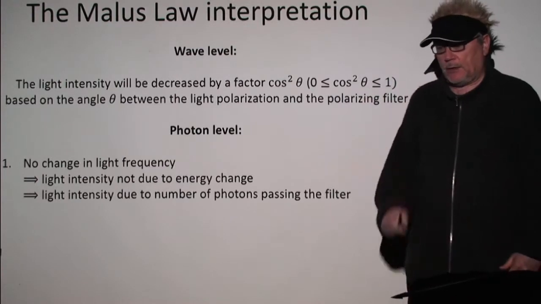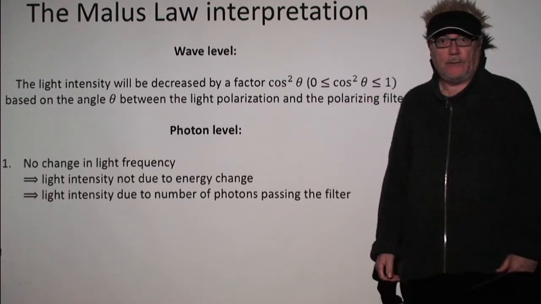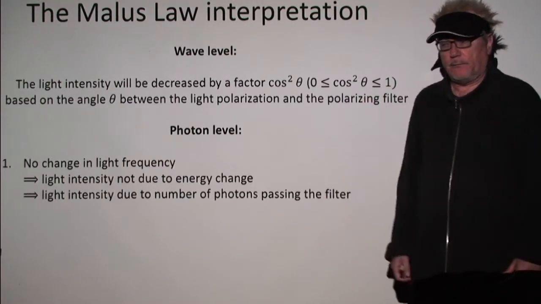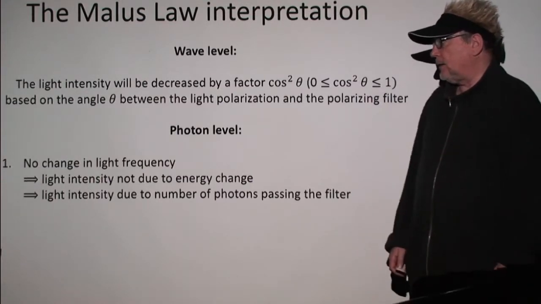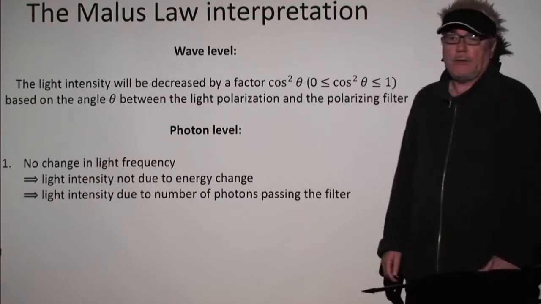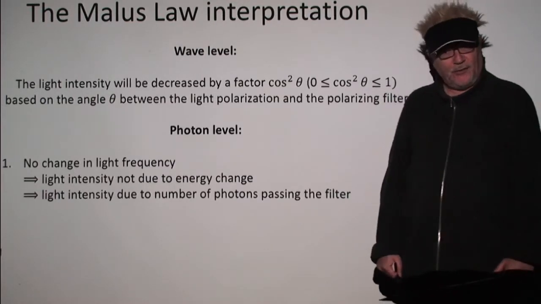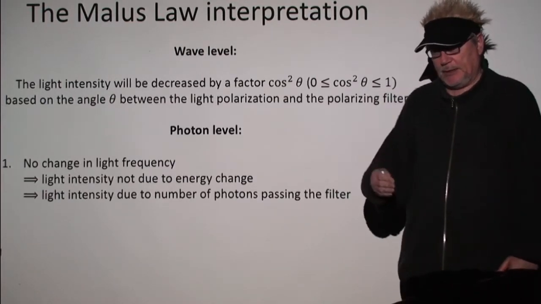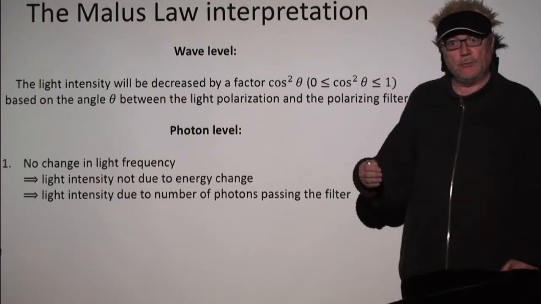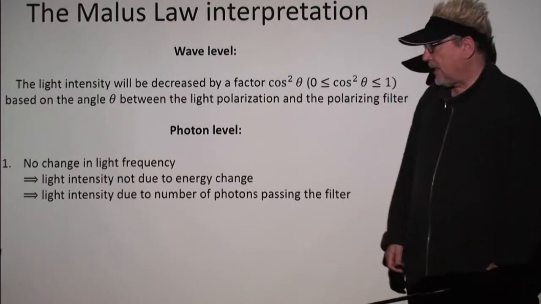In fact, since the color is equivalent to the frequency of light, that meant that light intensity was not due to the energy change. Why? Because Mr. Einstein told us that the energy is proportional to the frequency.